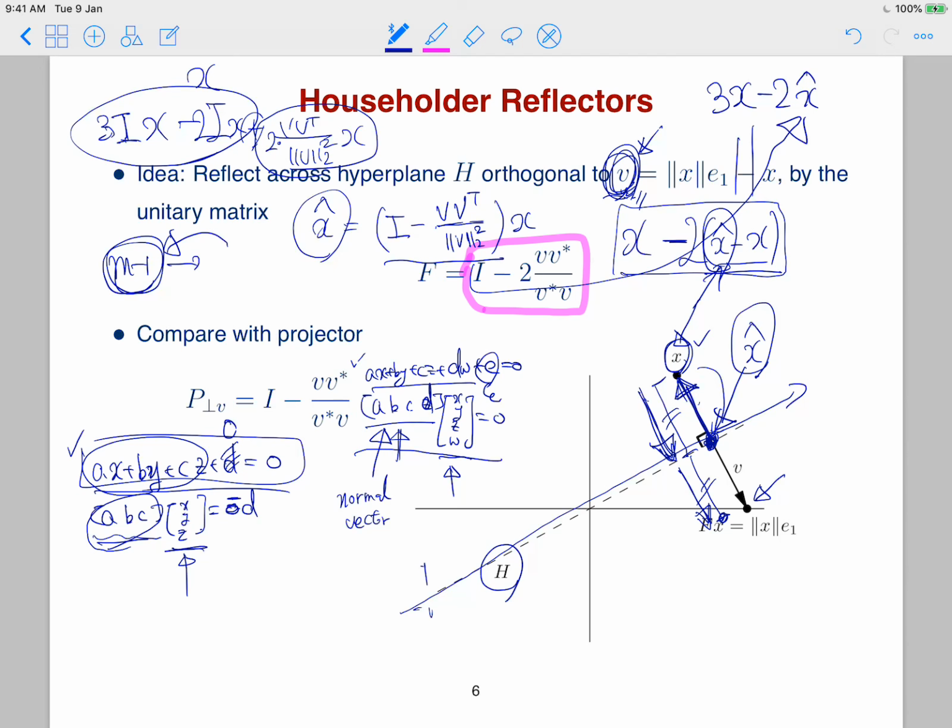Minus. Maybe I'll find the mistake at a later time.